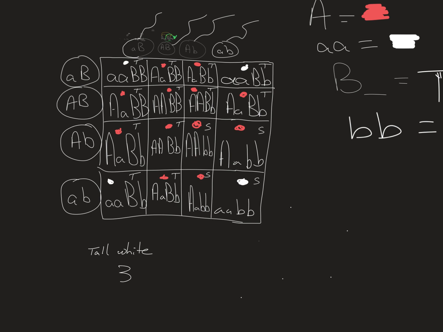So it's 3. How many short white do we have? 1. So 3 to 1. How many tall red do we have? 9.